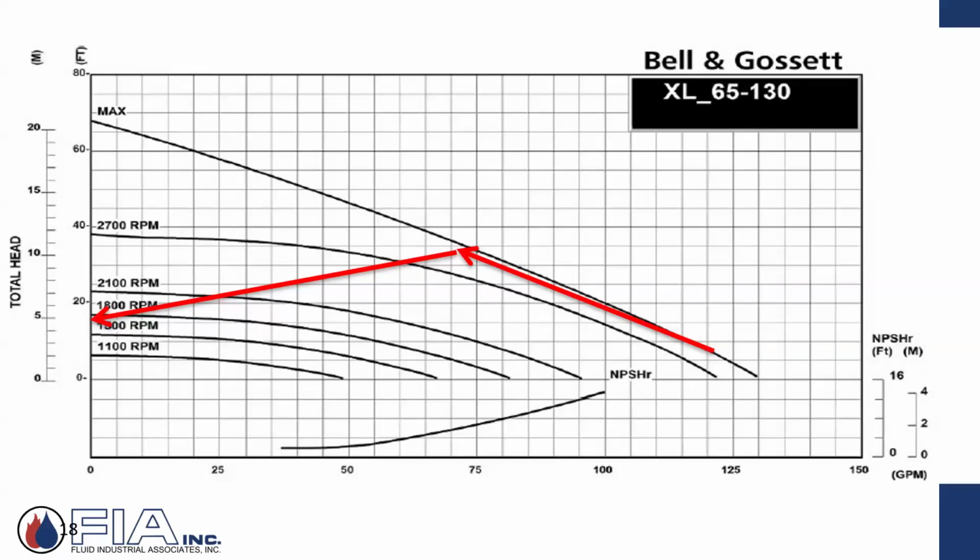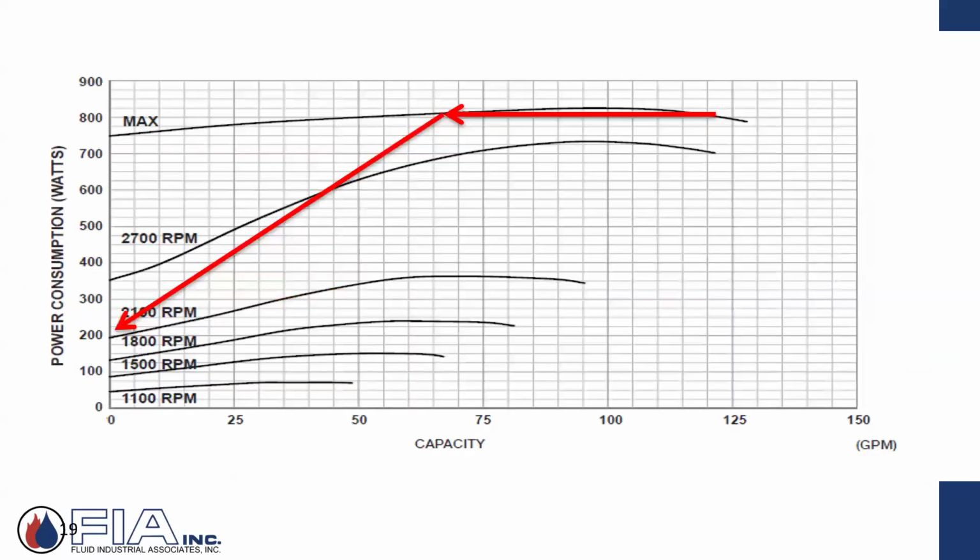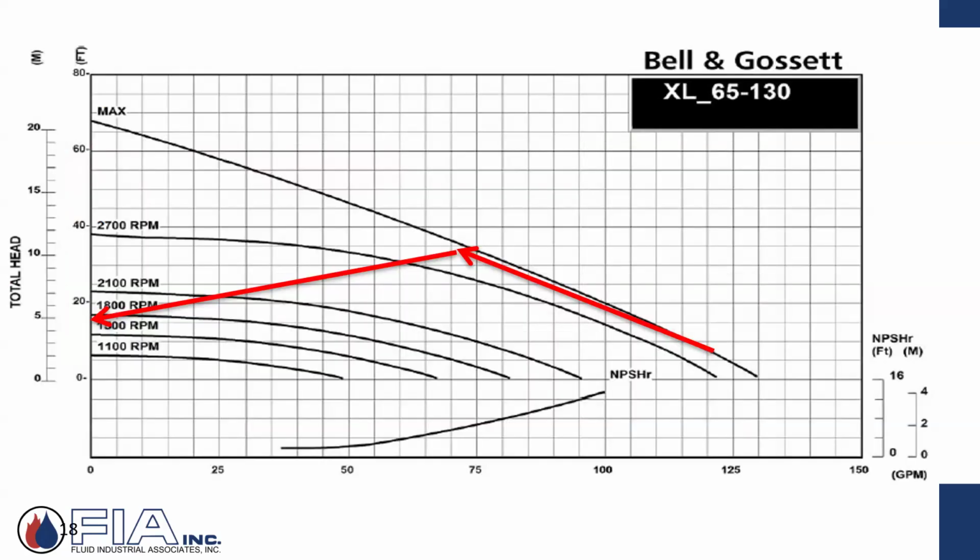And the other interesting thing is these pump curves, like the next curve that they'll show us, is power consumption. And that's the meat and potatoes, so to speak. You have them cutting through different RPMs.